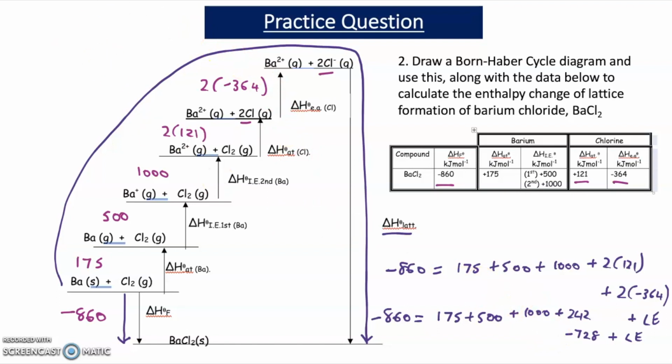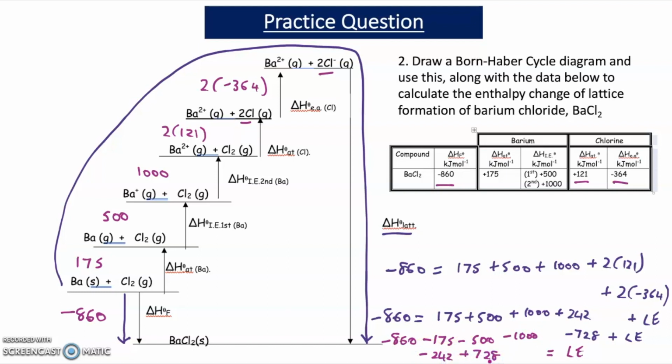And if I want to find out the enthalpy change of lattice formation, I just simply rearrange this. So the enthalpy change of lattice formation is equal to minus 860, minus 175, minus 500, minus 1000, minus 242, plus 728.